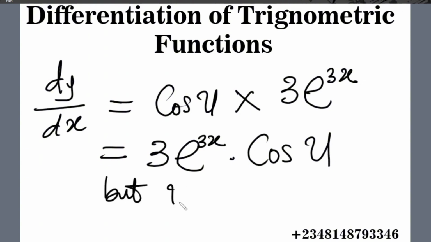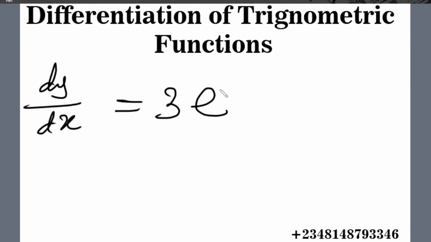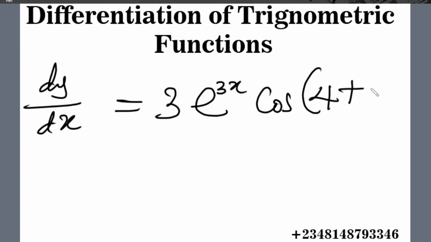But u equals 4 plus exponential 3x. Now let's substitute the value of u into this. So dy over dx equals 3 exponential 3x cos, open bracket, 4 plus exponential 3x.